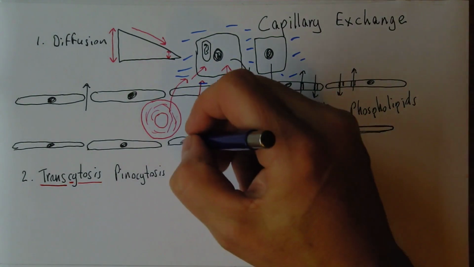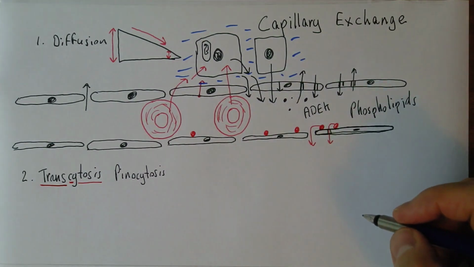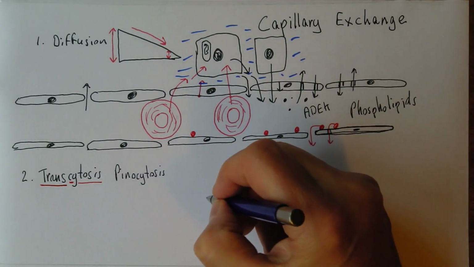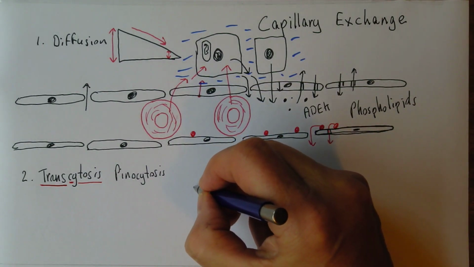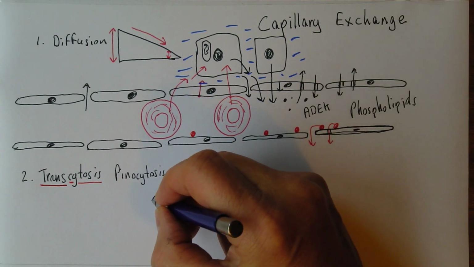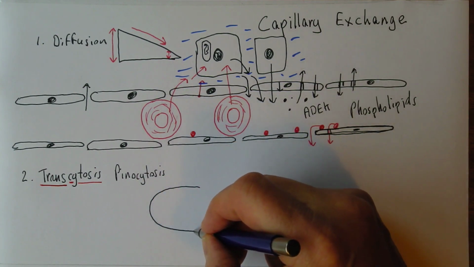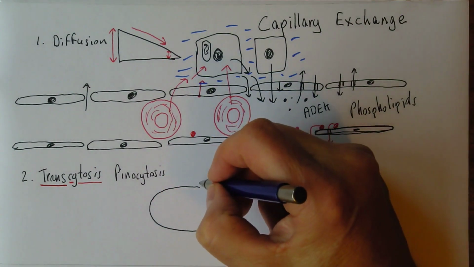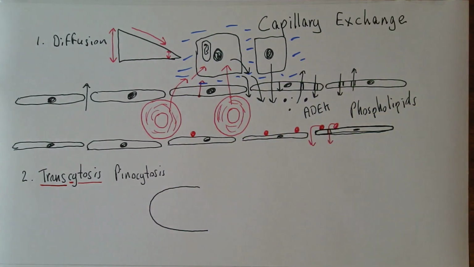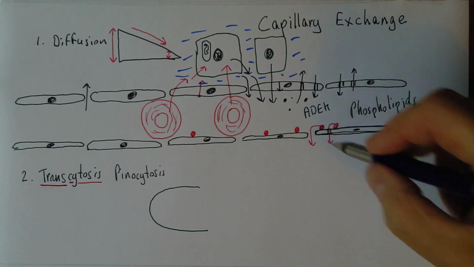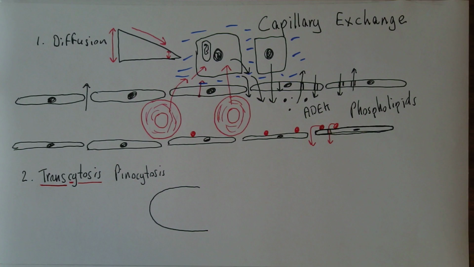Now what happens here is, imagine we do a blow-up version of one of these. Imagine we have the surface of the cell here. Now, what can happen is if there's, for example, large lipid molecules or insoluble molecules, a lot of insulin is actually taken into the cell via this mechanism. Although insulin is water soluble, it can diffuse as well.